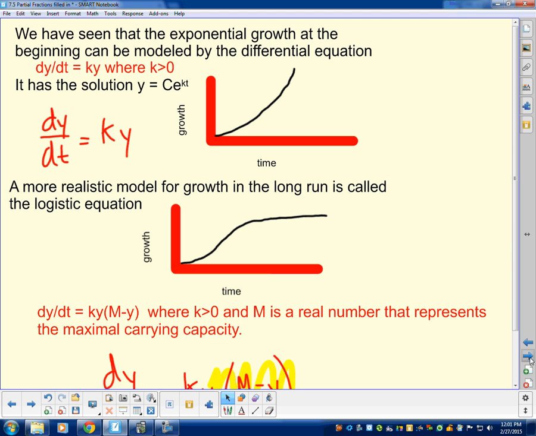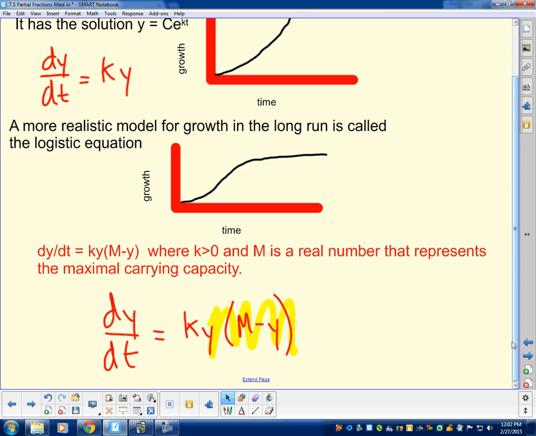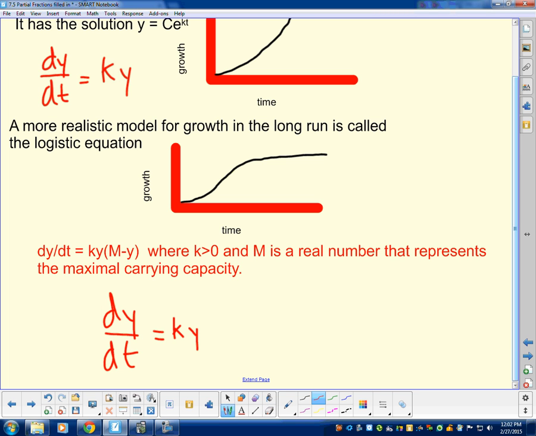And then you can calculate that rate of growth by plugging in half of the maximal capacity into the differential equation right here. The differential equation is k times y, m minus y. That's one form of it for the logistic growth function.